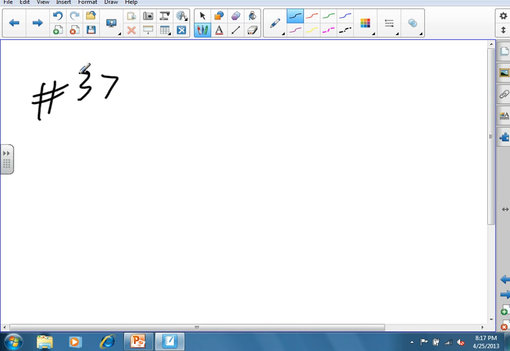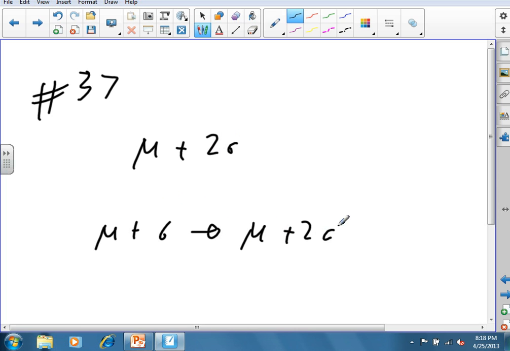If a normal distribution has mean mu and standard deviation sigma, what percentage of the data falls between mu plus a standard deviation and mu plus 2 standard deviations? Okay, well, we draw our curve.